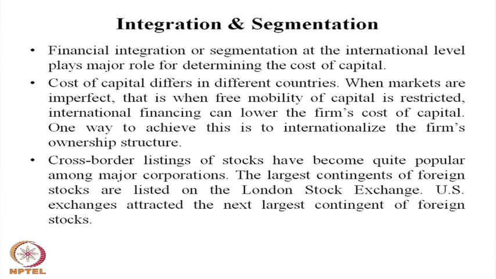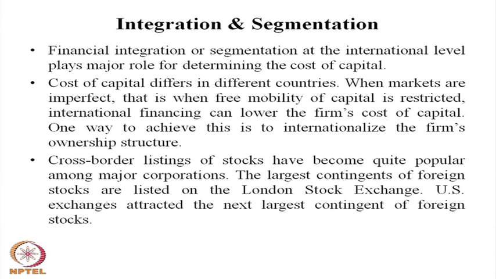It may happen that the company may lose some degree of independence, some degree of corporate decision making, by diversifying their equity base, because when you internationalize or cross list your equity, then international pulls and pressure affect the corporate decision making process, and this provides some degree of restriction and some degree of barrier for the company to over emphasize the international capital structure.